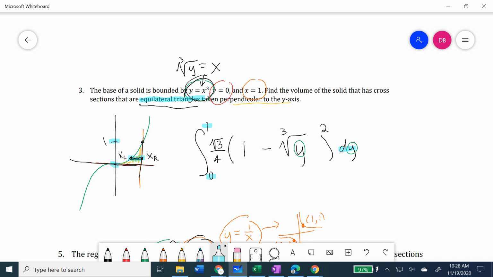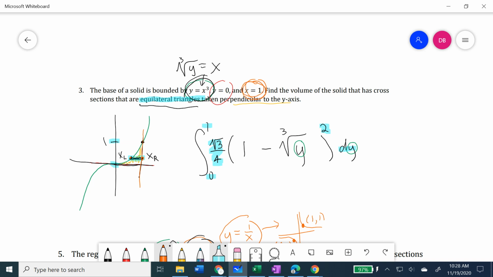So equilateral triangle, area formula is root 3 over 4 times length of side squared. And then to get the length of that side, I'm looking at the length of the rectangle, which is horizontal, so the right x minus the left x.